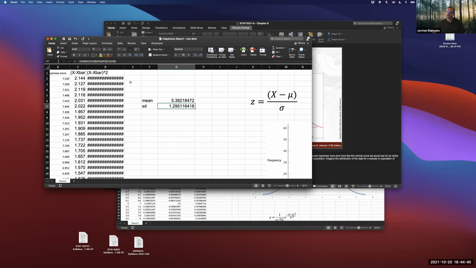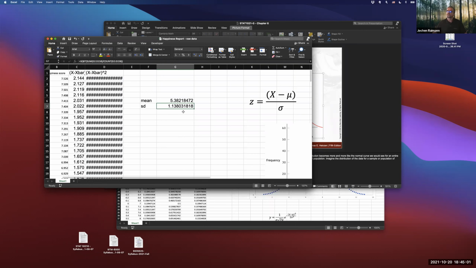That gets us to the variance. Thank you for reminding me, because we actually need to do a square root. So we have now the standard deviation of 1.14. Taking the square root of the variance gets us to the standard deviation, right?